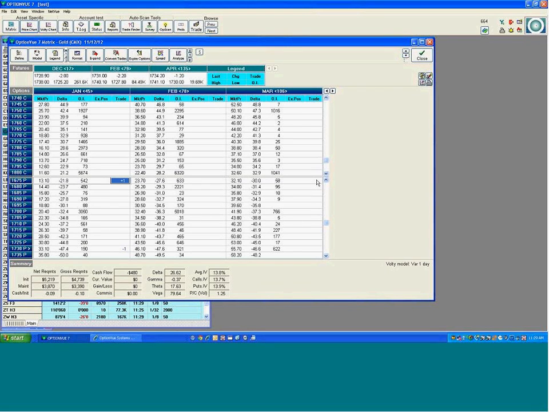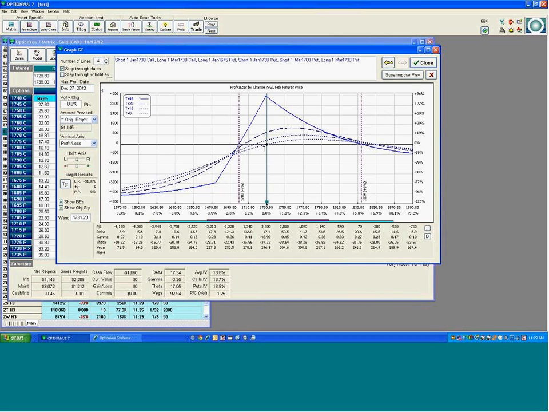So instead of using the same strikes in the deferred month of March, if you use a narrower set of strikes in the month of March, in other words, the insurance that we are buying in the month of March is going to be less costly because it's a narrower spread, now it's going to be more biased, where delta is starting out 17 deltas long, as opposed to what we had before when we used the very same strikes. We were about 9 deltas long, not 17 deltas long.